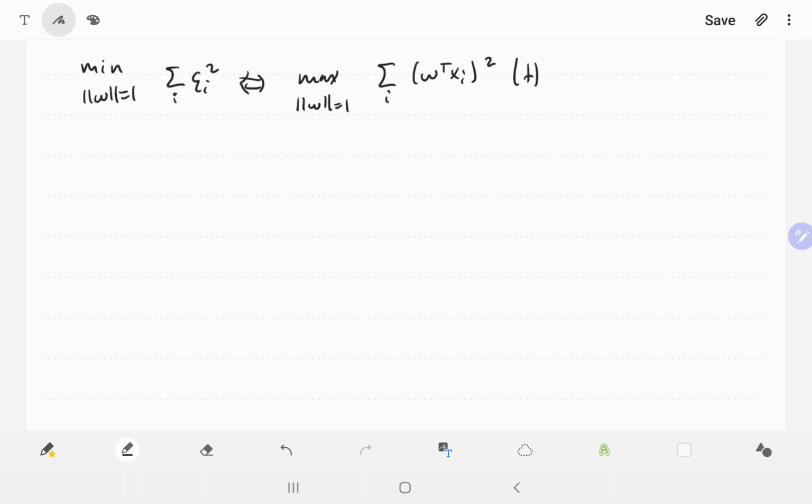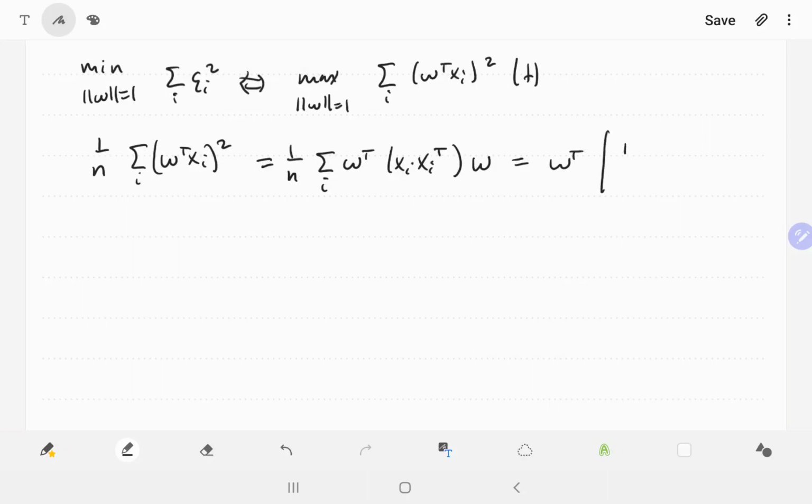Now let's think about this new objective, 1 over n, sum over i, W transpose xi, this whole thing squared. This is equal to 1 over n, sum over i, W transpose xi xi transpose times W, which is equal to W transpose times 1 over n, sum over i, xi xi transpose, times W. Well, this should look familiar.